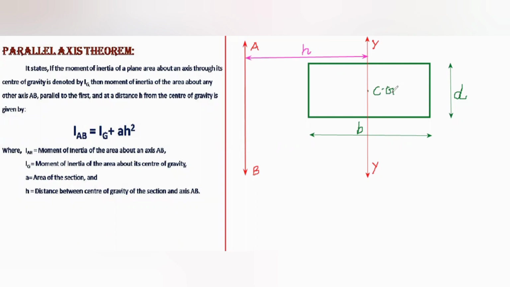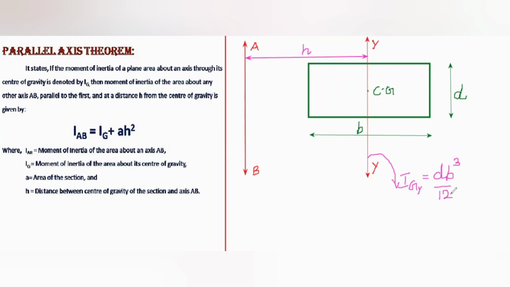So we know that the moment of inertia with respect to this y or vertical axis which passes through the center of gravity is considered as Ig. To make a difference, we can consider this as Igy with respect to the yy axis. And as per the dimensions given, when b is the breadth and d is the depth, we can consider this as d b cube divided by 12.